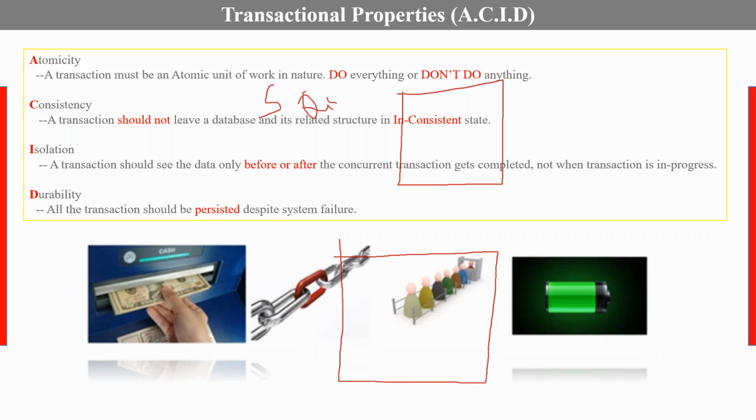Not only in SQL, sir, whatever database management system you use needs to satisfy the ACID properties: atomicity, consistency, isolation, and durability. Durability is if something happens to your system, how you protect your transaction, by moving the data into the log file.